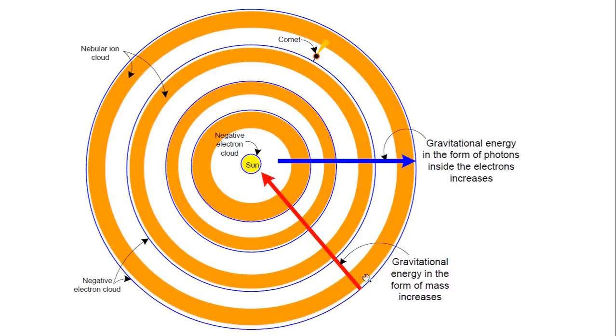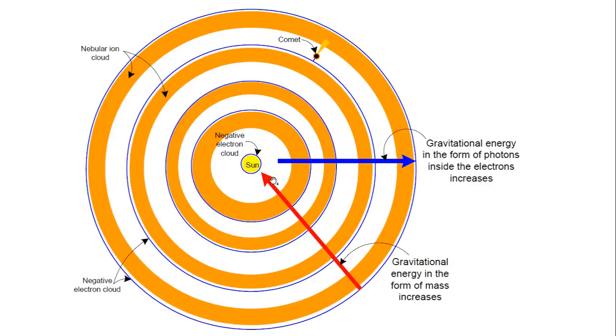So we have light nuclei here, or light ions such as hydrogen all the way down to sulfur, and we get heavier and heavier until in the first nebula cloud, we'd have metallic ions like nickel and iron. So these are heavier and therefore have higher mass and therefore higher gravitational energy in the form of mass than the ions in this outer cloud.